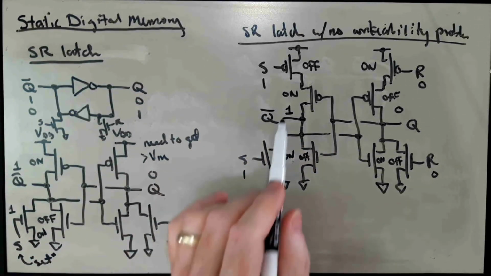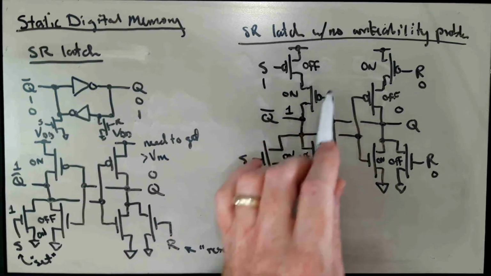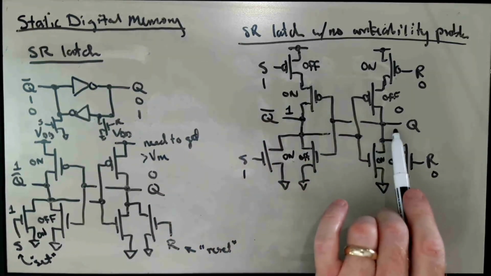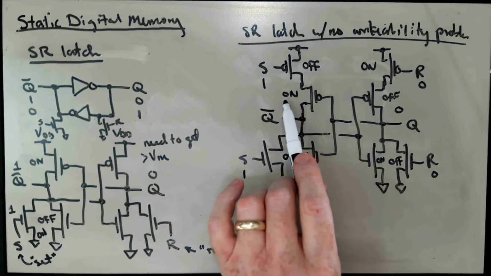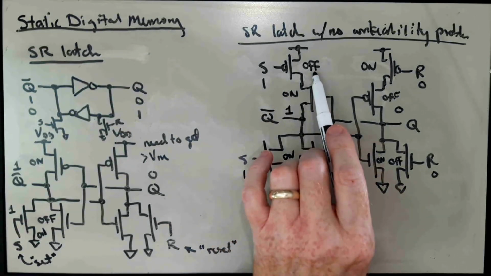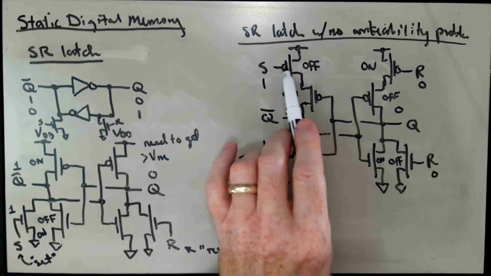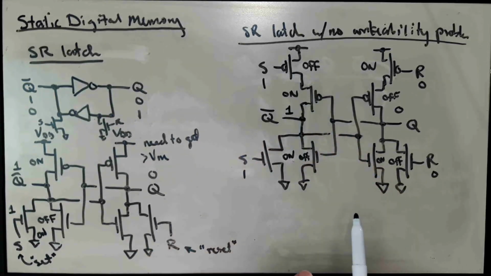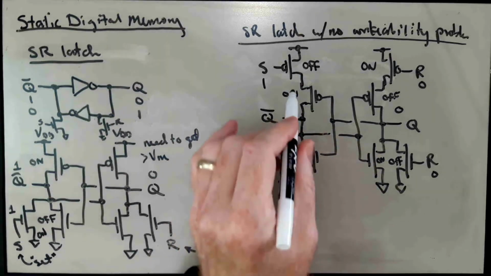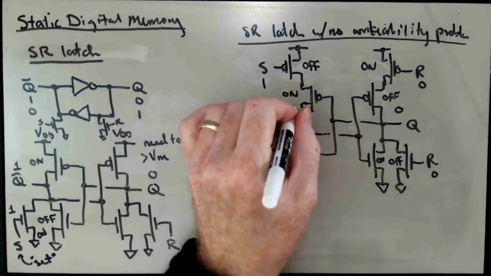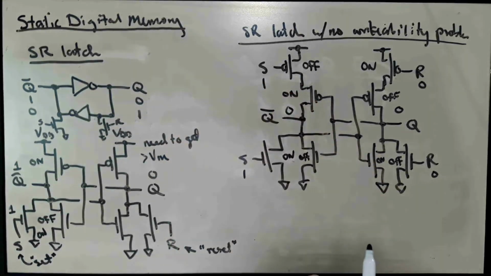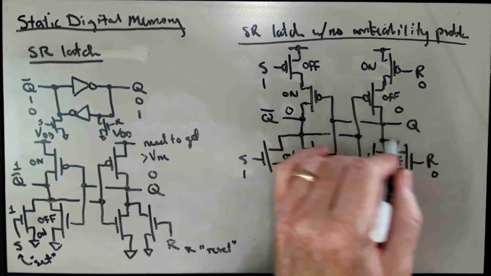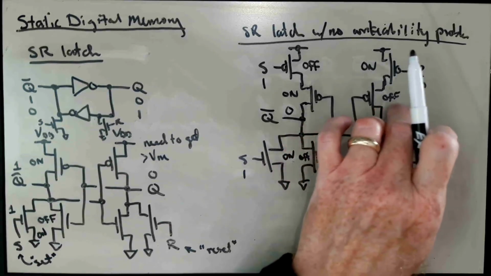So this pull-up network, which has this PMOS transistor that's connected to Q, is still on, but this access device that we've added here actually cuts off this pull-up and prevents that fight from even happening. So this gets pulled down to 0 unopposed, and that will force the state of Q to become a 1.